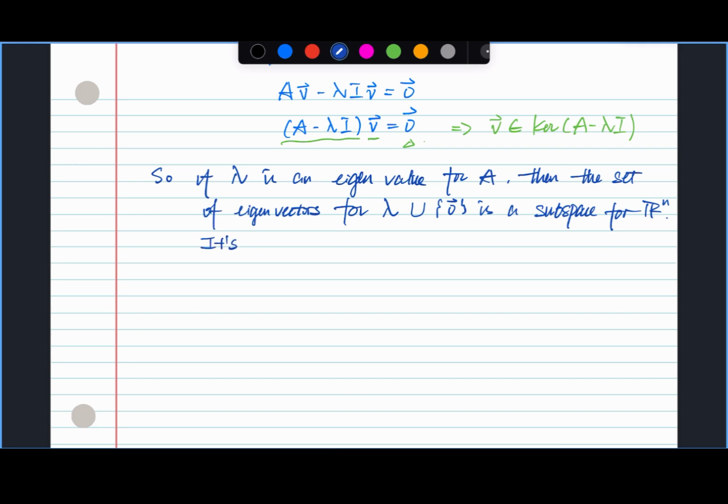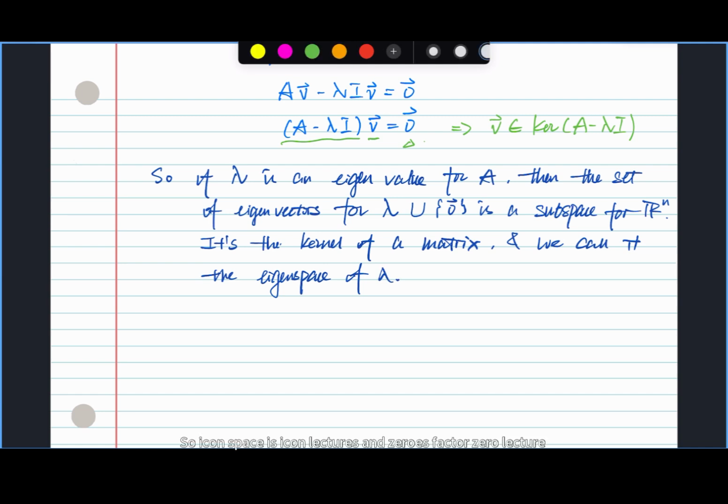It's the kernel of a matrix. So the eigenspace is the eigenvectors and the zero vector.